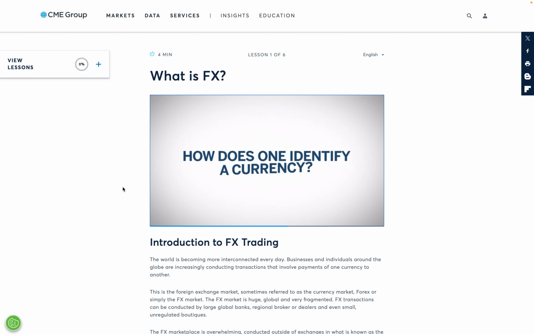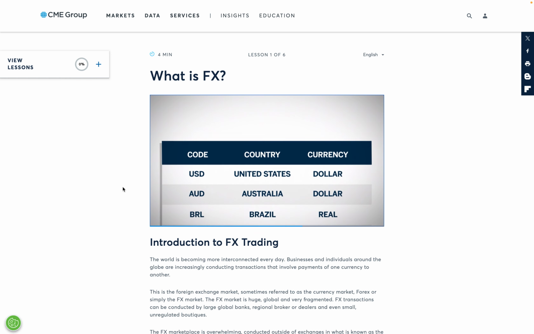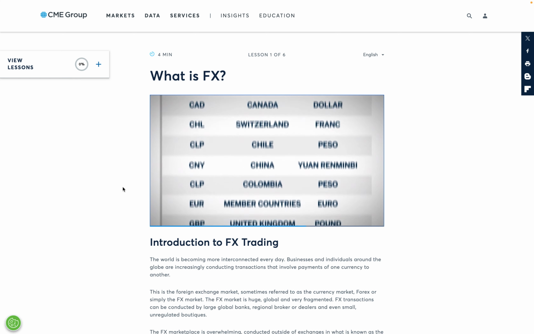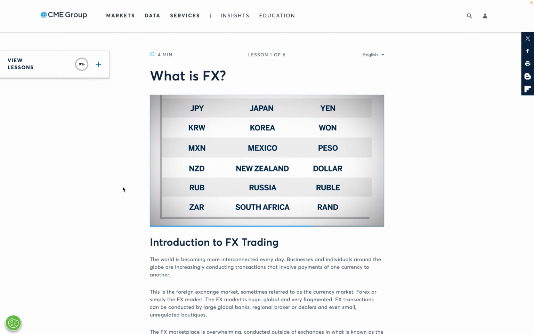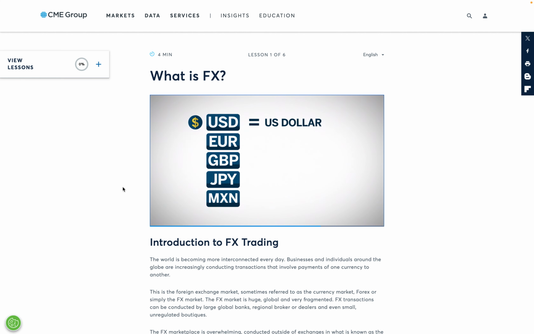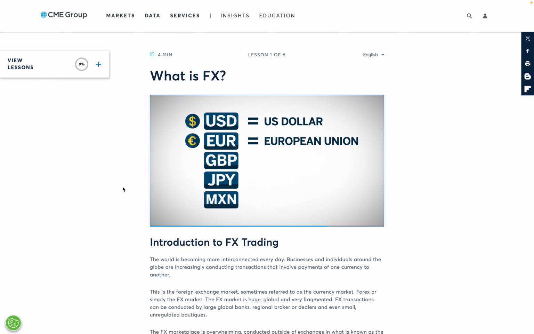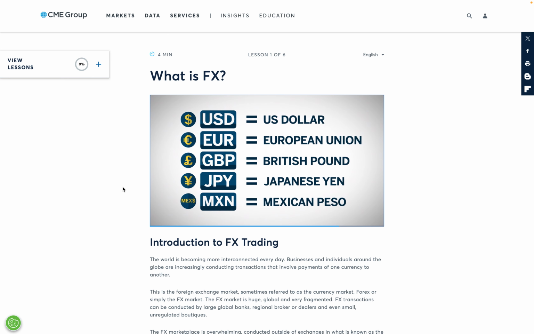How does one identify a currency? Currencies are identified using ISO currency codes. By 1973, the International Organization for Standardization established the 3-letter codes for currencies we use today. Example codes for some of the most highly traded currencies would be USD for United States dollar, EUR for the currency of the European Union, GBP for the British pound, JPY for Japanese yen, and MXN for the Mexican peso.